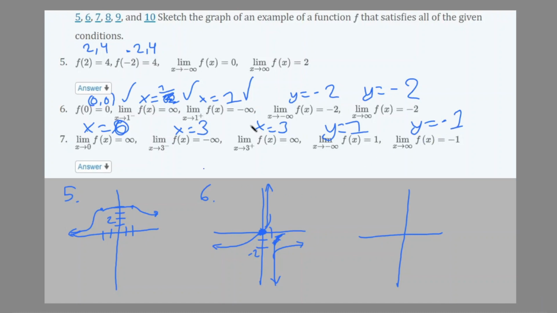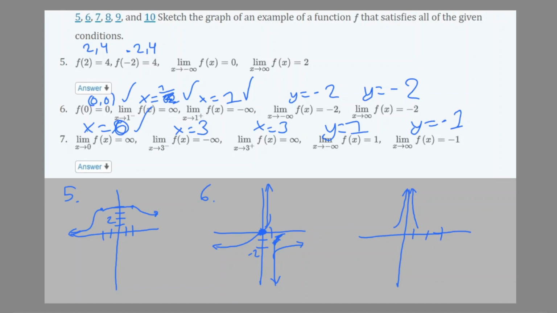So first let's draw out our asymptotes. So we know as the limit x goes to 0, there's an asymptote at infinity. So let's draw that. So at 0, that's the first vertical asymptote, we're done with that. And then the limit as x goes to 3. So let's draw 3. 1, 2, 3.